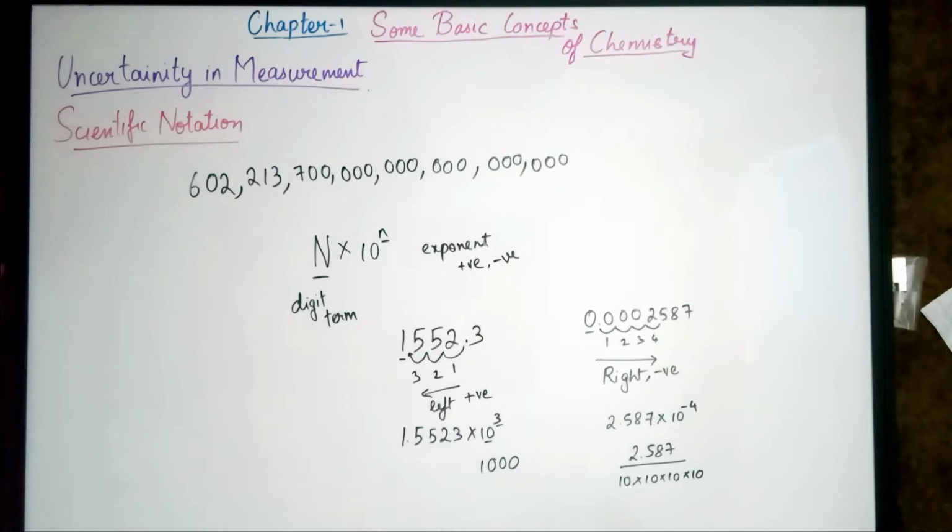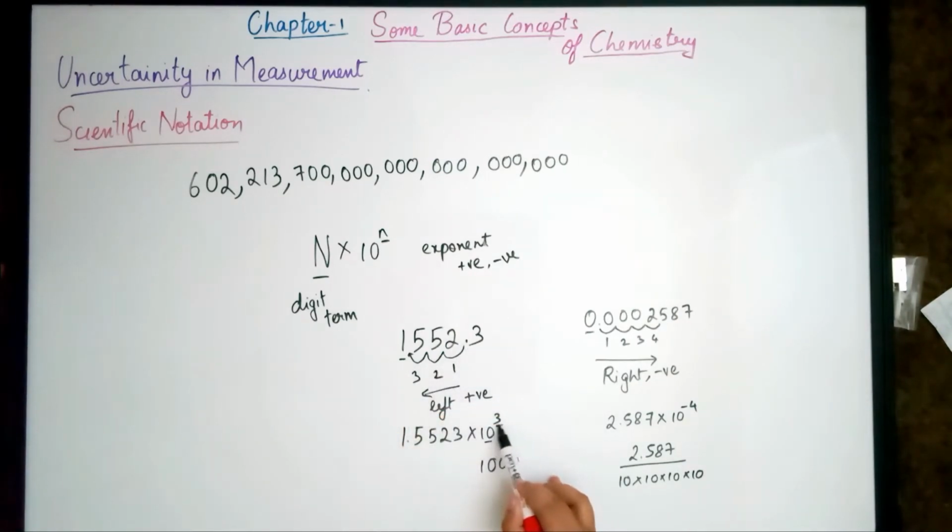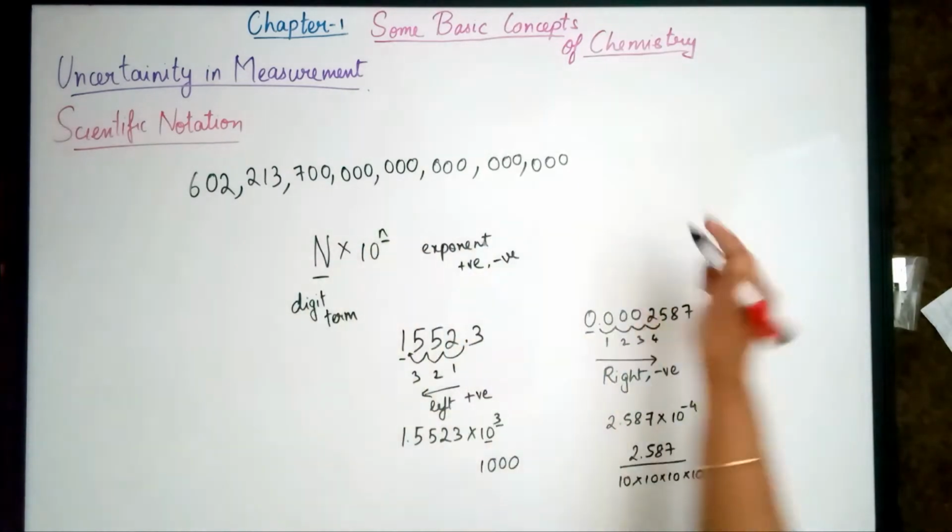To make things easy, just remember this. When our decimal point is moving to the left, the exponent gets a positive value, whereas when it is moving to the right, till there is a non-zero value before the decimal point, it gets a negative value.